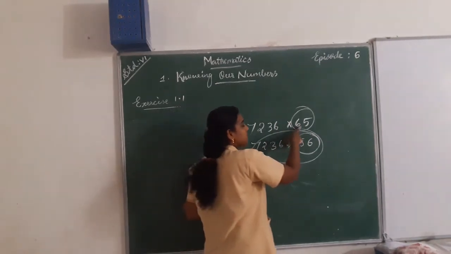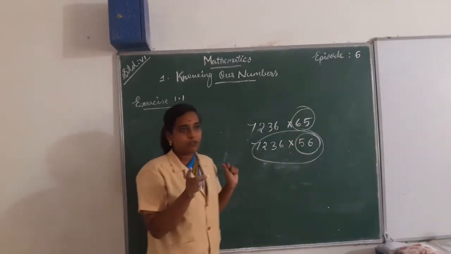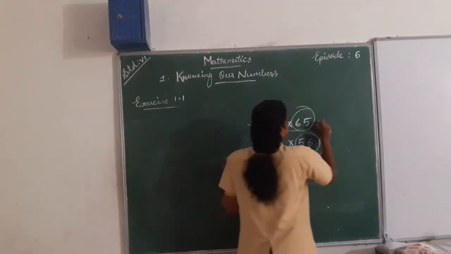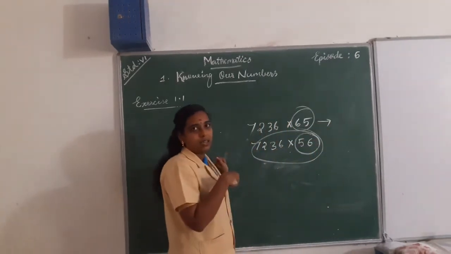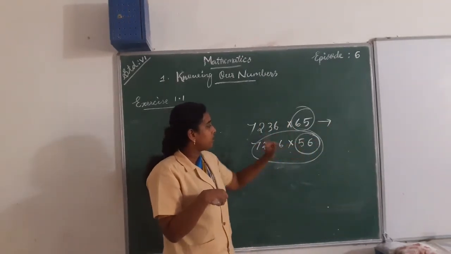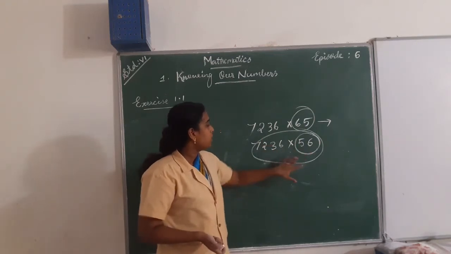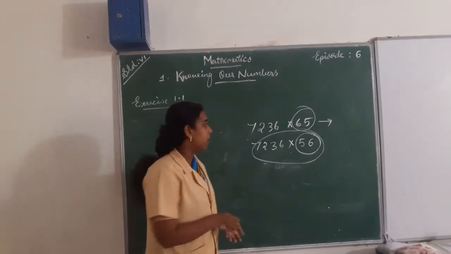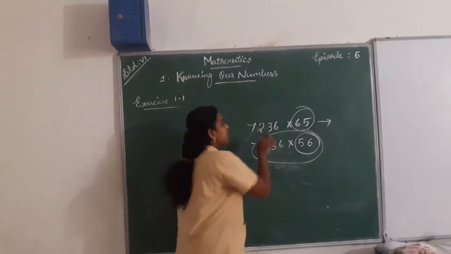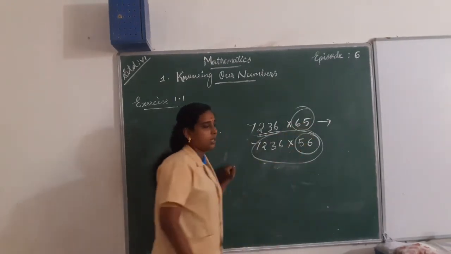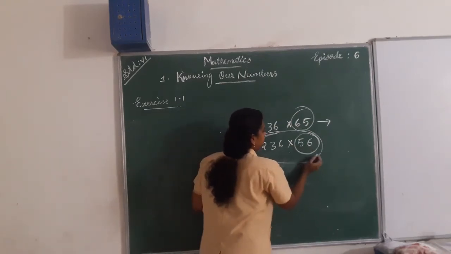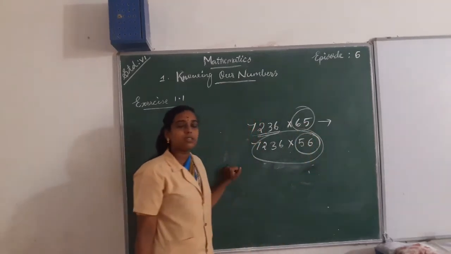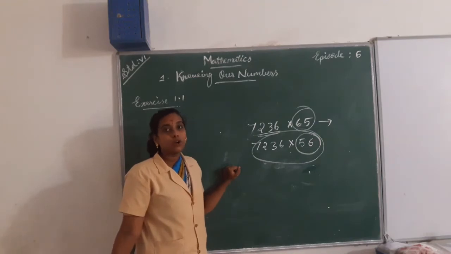So he got the wrong answer, because he actually wanted to find the product of 7,236 into 56, but he multiplied this number into 65.